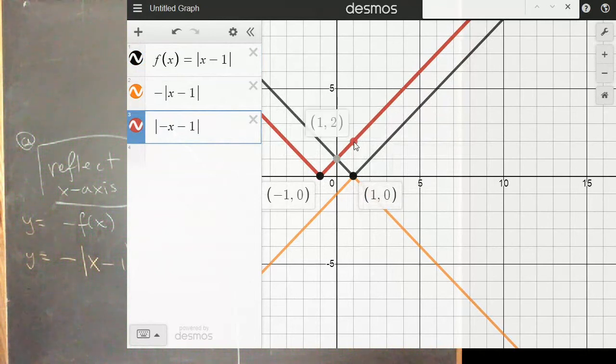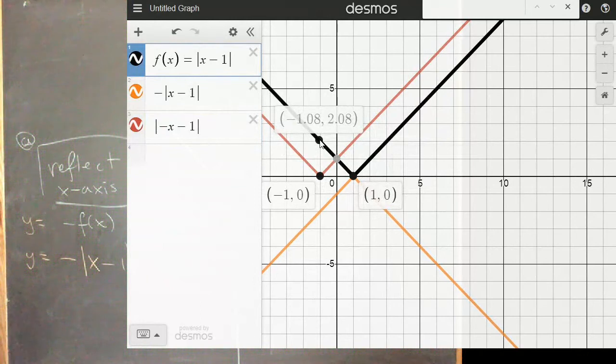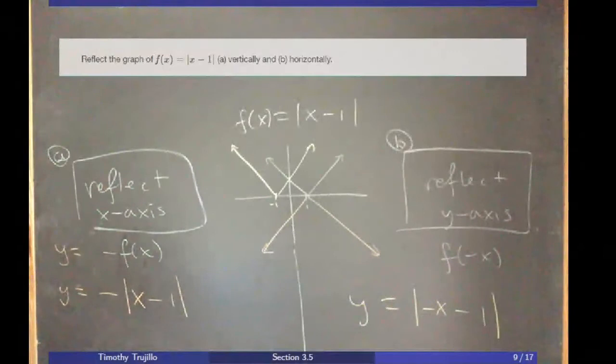And this point right here at 1, 2 is going to get reflected to this point here at negative 1, 2. It's a little bit off there. Anyway, negative 1, 2. Okay, so that's the picture that we have in Desmos. Same sort of thing that we just had. Okay, so that's what's going on with the flipping vertically and horizontally.